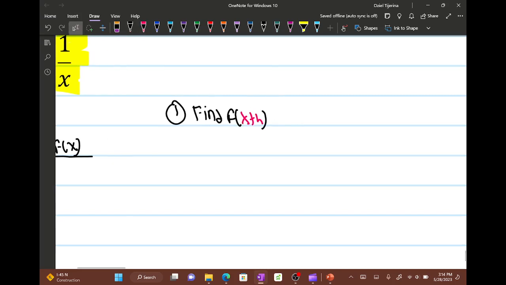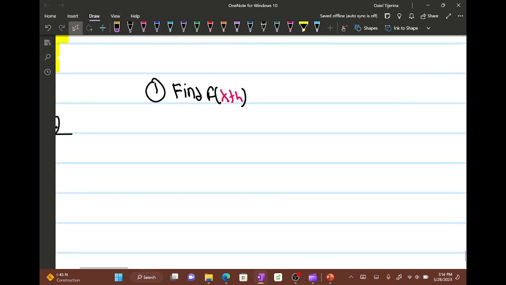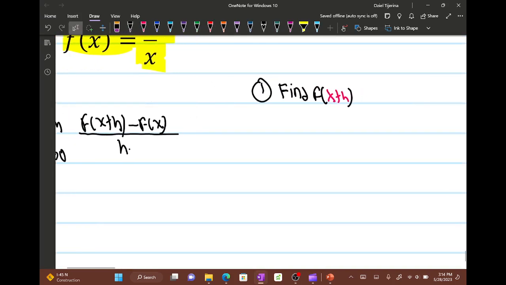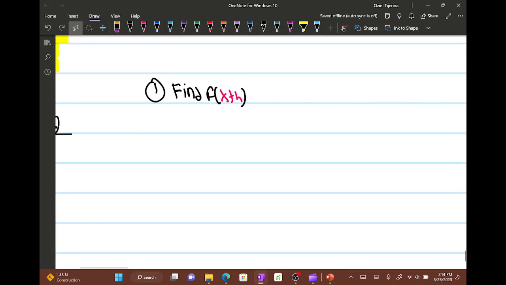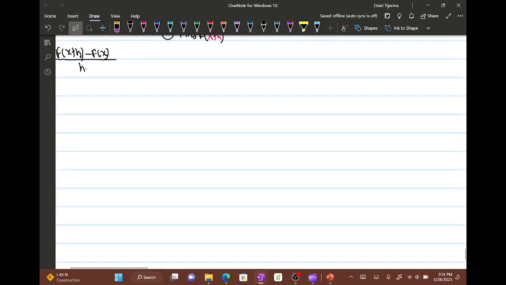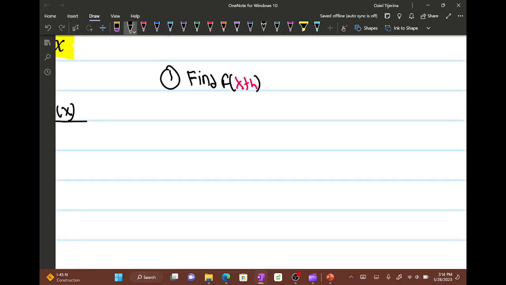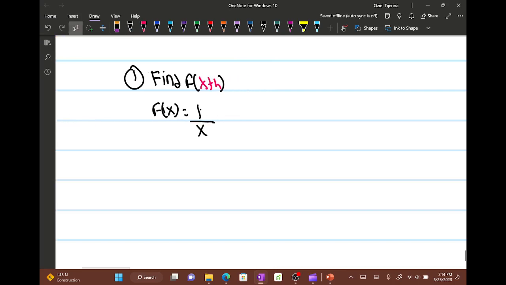I have f of x is equal to 1 over x, and I want to find f of x plus h, right?